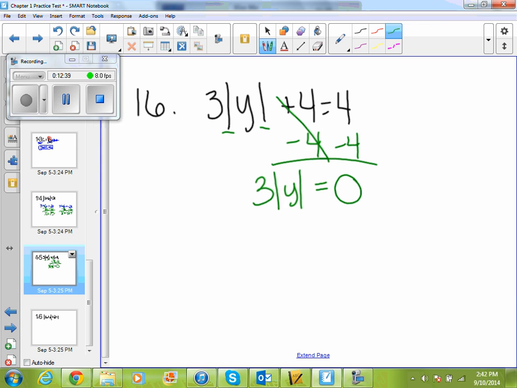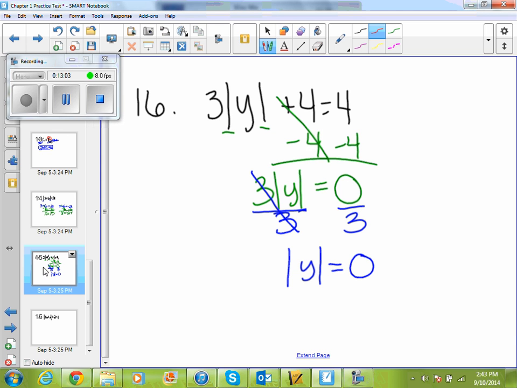0. Okay, so I'm still trying to get my absolute value bars by themselves. What's my next step? We're multiplying by 3. How do I get rid of multiplication? Divide. So I'm going to divide by 3. Then the absolute value of y equals, what's 0 divided by 3? 0.